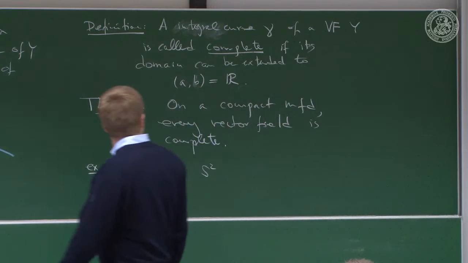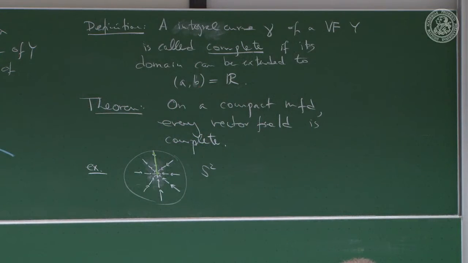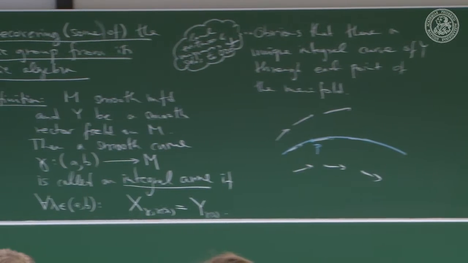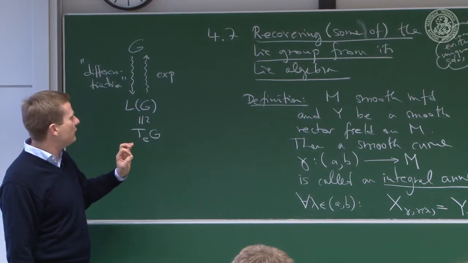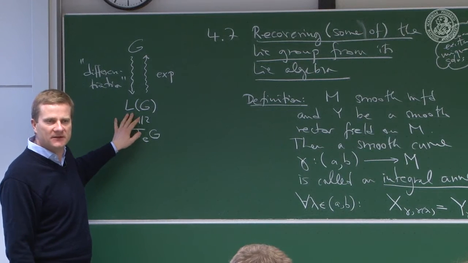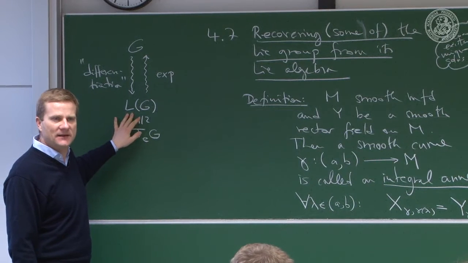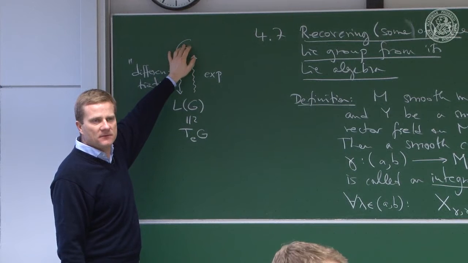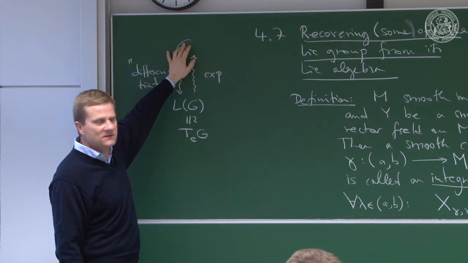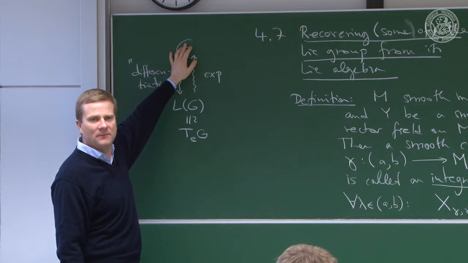Okay, so this is the completeness, and this is for general smooth manifolds M. I introduced this because for the special case of a smooth manifold G that is a Lie group, it turns out every left invariant vector field is complete, even if the manifold on which it lives, the group, is non-compact.